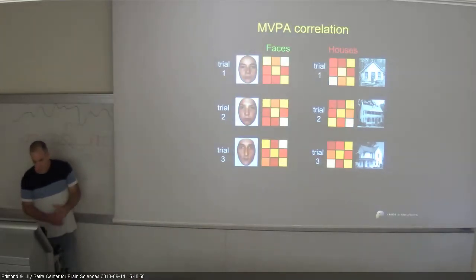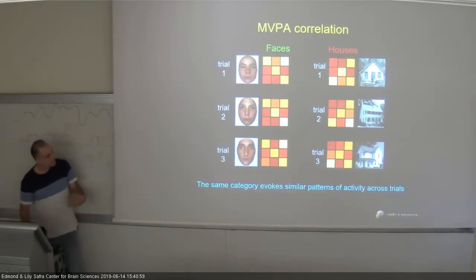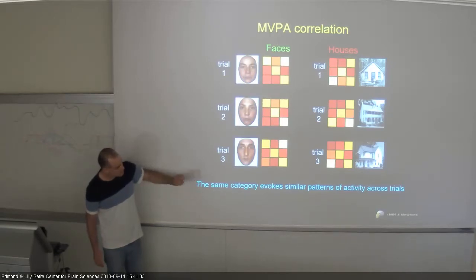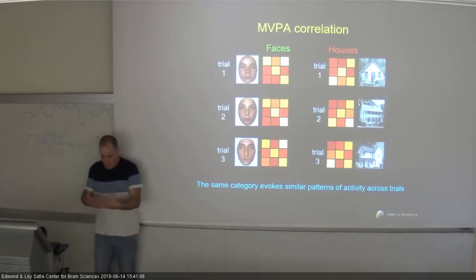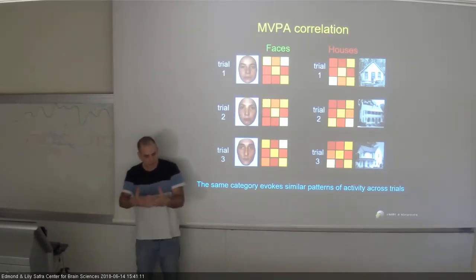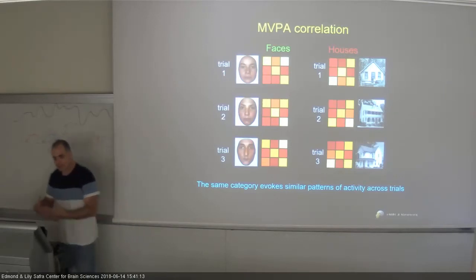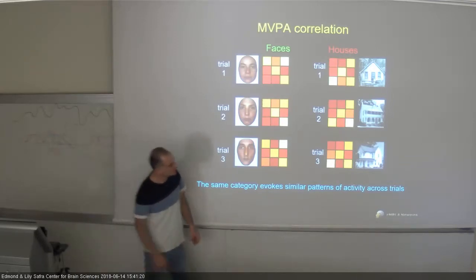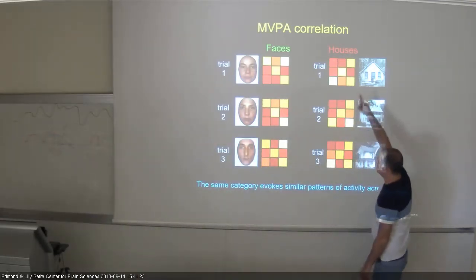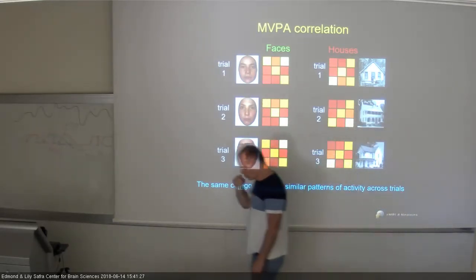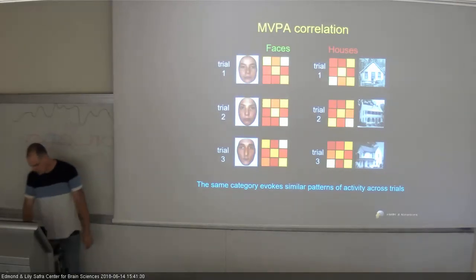The idea here is that you take into account the specific patterns. One of the key features is that if there is a category, or a group of conditional stimuli, that have something in common, this will be reflected in higher correlation within that group of activation. So these should be more similar to one another than to the group of the other stimuli, and vice versa.